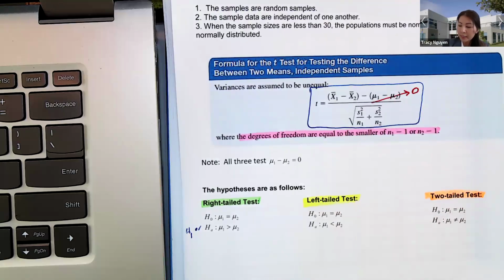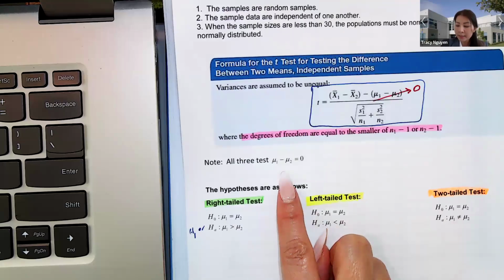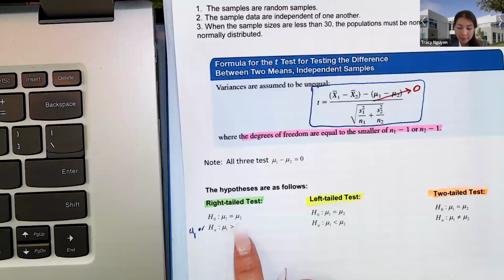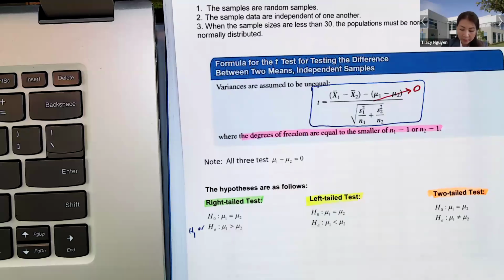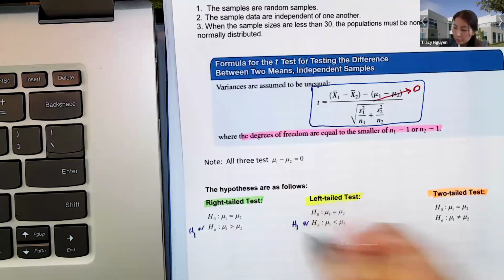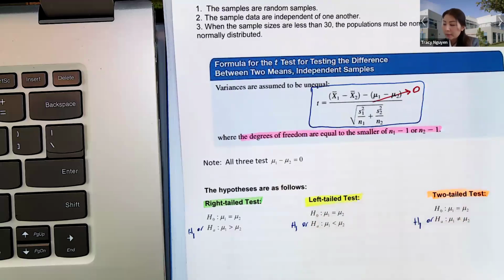And what we notice here, in all three tests, the null hypothesis H0 is mu1 equals mu2. That's why in all three tests, mu1 minus mu2 equals 0. Because if mu1 equals mu2, then if we take the difference of it, we will get 0. And let me write this one here, H1, because Alex uses the notation H1 for the alternative hypothesis.